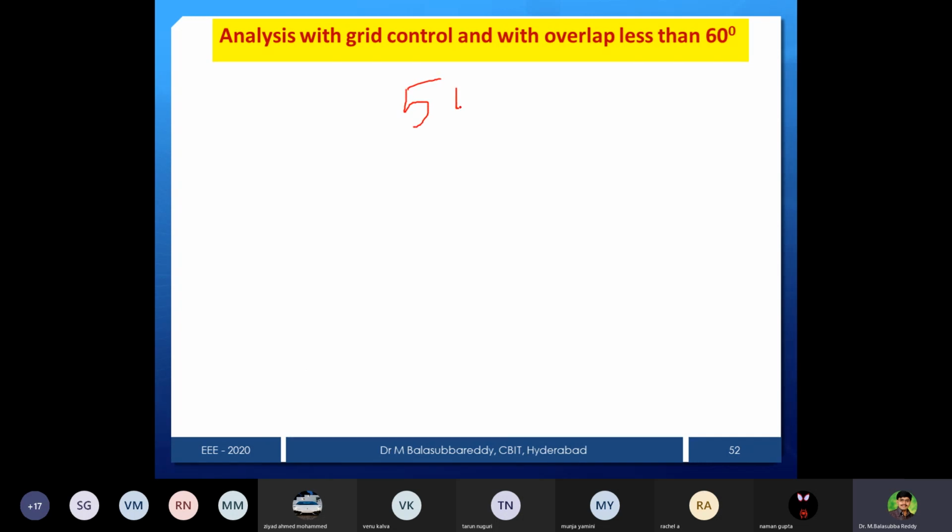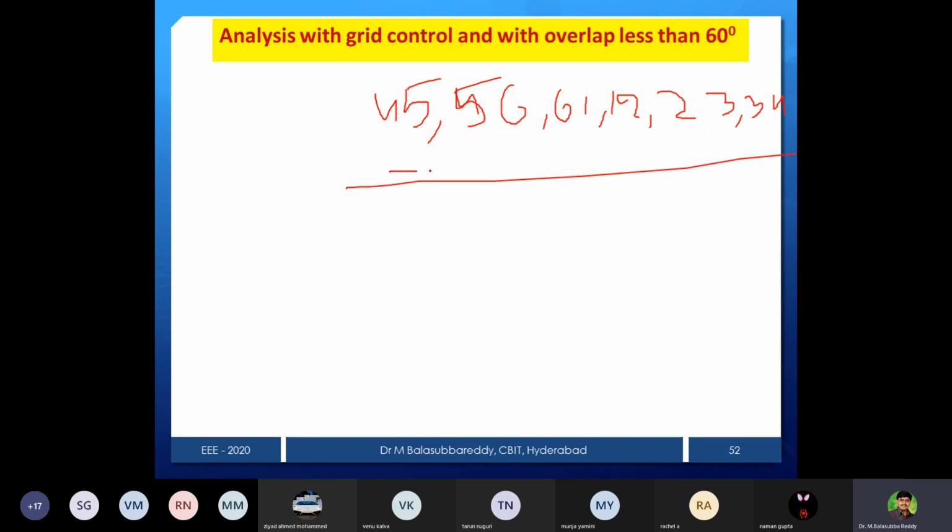The sequence if there is no overlap is 5 4, 4 5, then 5 6, then 6 1, then 1 2, and so on, then 2 3, 3 4.